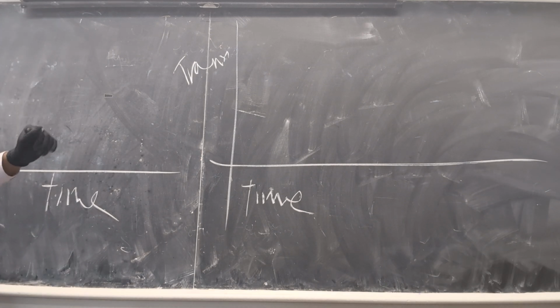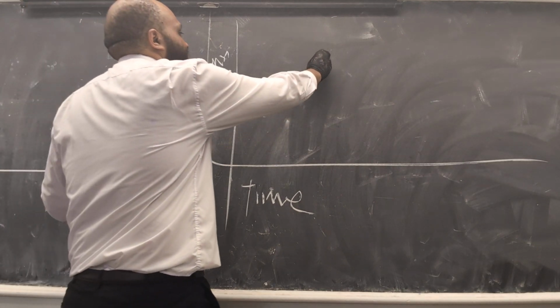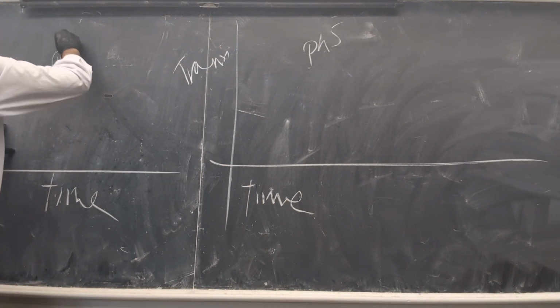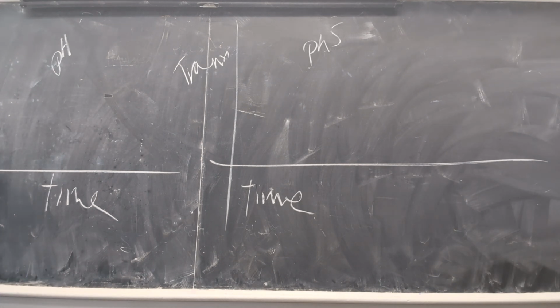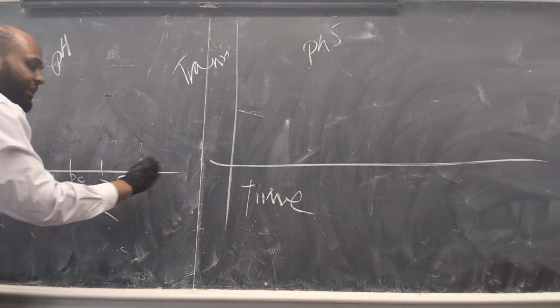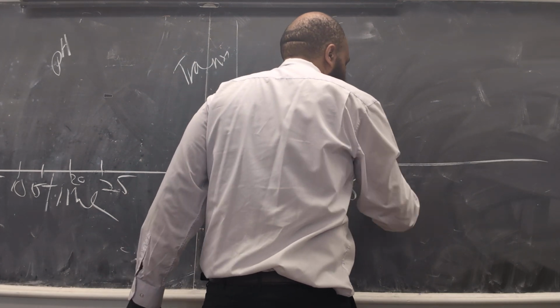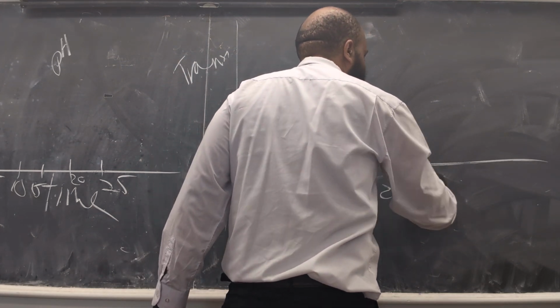For example, let's say we're doing pH 5. As time goes on, 5 minutes, 10 minutes, 15, 20, 25 minutes.